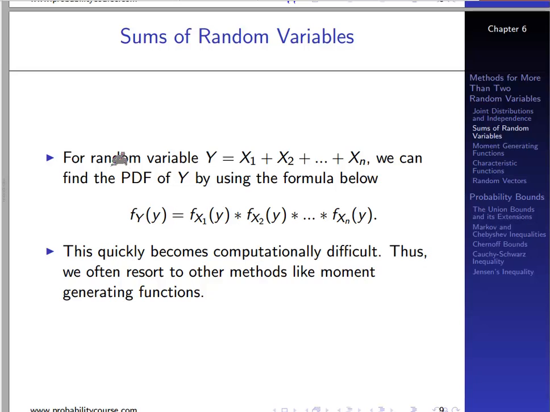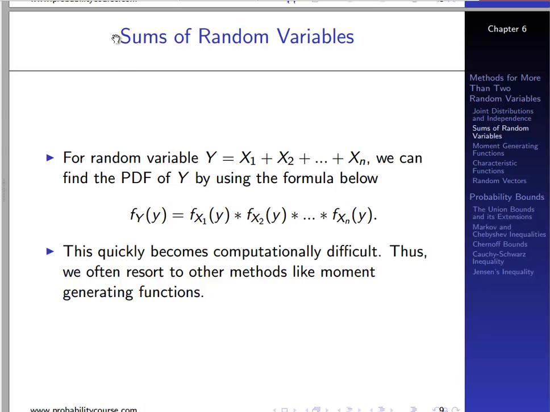Now, suppose you want the PDF for the sum of random variables. There is, in fact, a formula to find the PDF for the sum of continuous random variables. You have this formula. This star is the convolution.